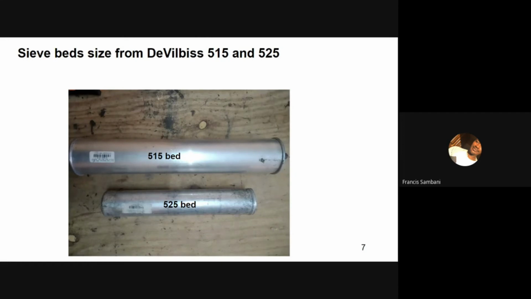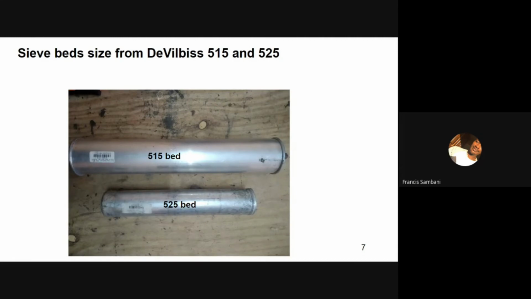If you look at the two sieve beds, they're visibly different in size and volume. The 515 bed is much larger than the 525 bed, but both machines are capable of producing up to 5 liters per minute. The other thing to note is that they have two different compressors.